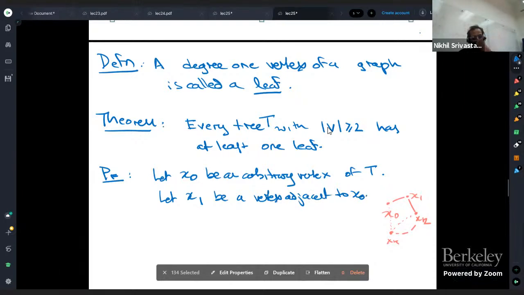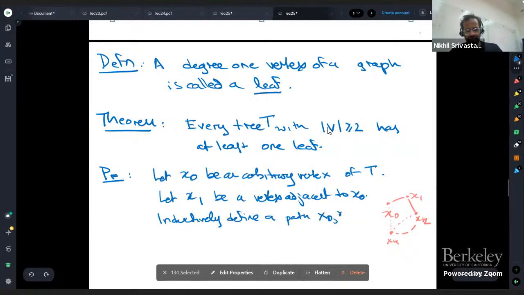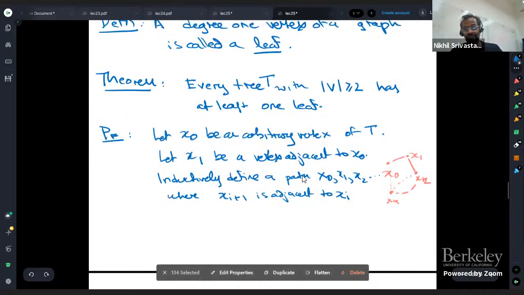And now I'm going to inductively define a path x naught, x1, x2, dot dot dot, where the next vertex, x_{i+1}, is adjacent to x_i and distinct from everything you saw before.